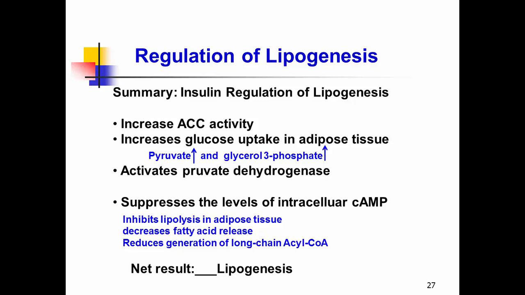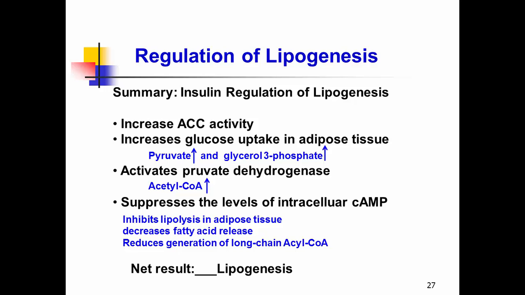So you have increased pyruvate and increased glycerol 3-phosphate, and it activates pyruvate dehydrogenase. So you have increased acetyl-CoA production, and it suppresses the cyclic AMP levels.